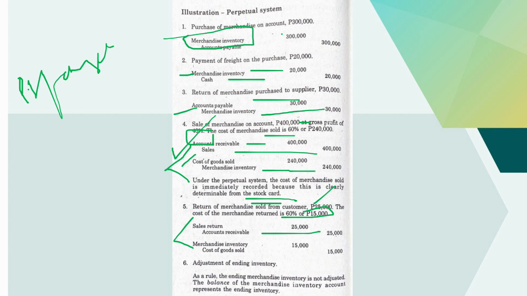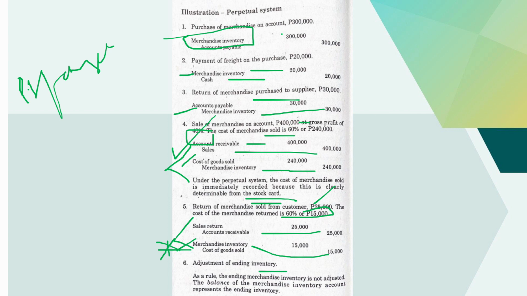Since binalik sa'yo yung nabenta mo na inventory, tama lang na i-recognize mo yung pagtanggap mo ng inventory. So, debit merchandise inventory, 15,000, and then credit cost of goods sold. Ito, hindi natin to ginagawa sa periodic. Ginagawa lang natin ito sa perpetual system.